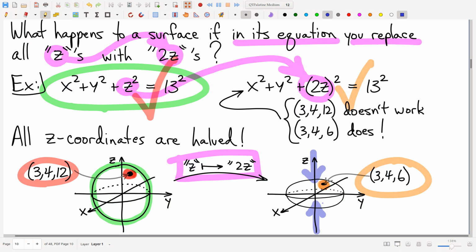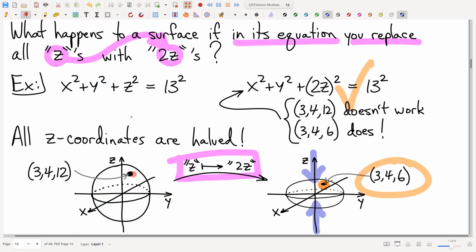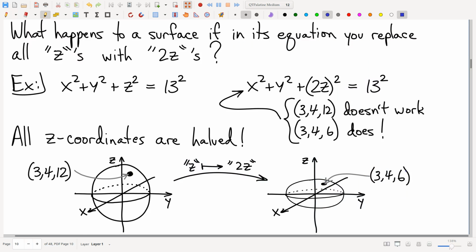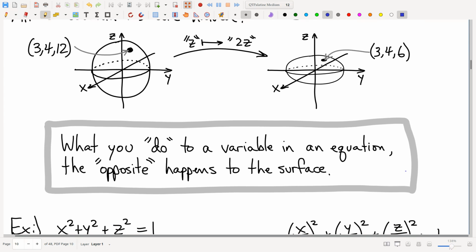And by the way, this is something mathematicians are always on the lookout for: when you do something algebraically, what's the result geometrically? How does algebra manifest itself geometrically? Stuff like that. I think that's awesome. So here is the generalized upshot of this observation, and think of what we just saw as an example of this general rule.